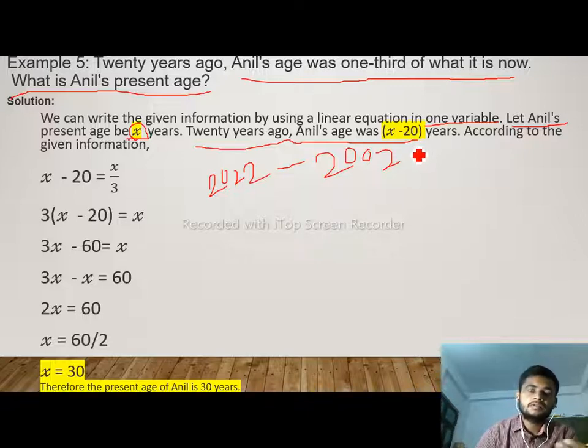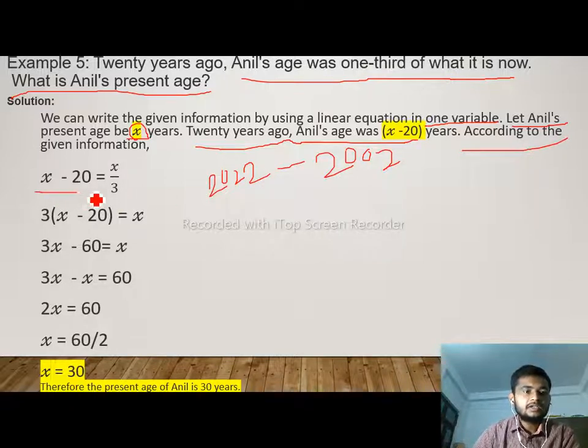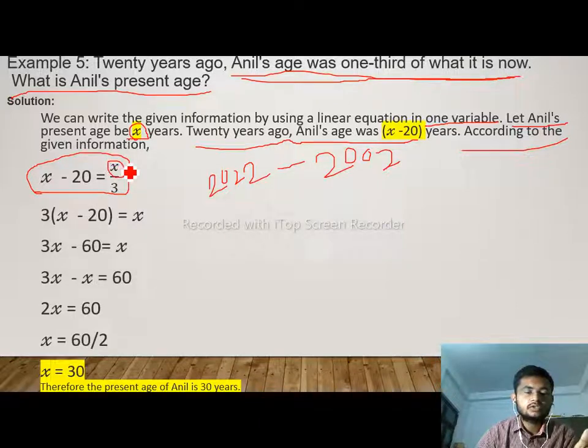According to our question, x minus 20 equals x by 3, as Anil's age 20 years before was one third of what it is now.